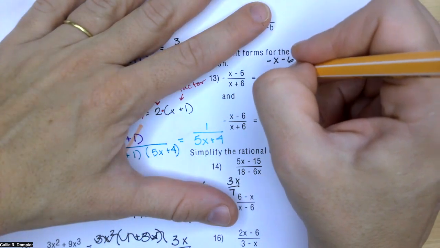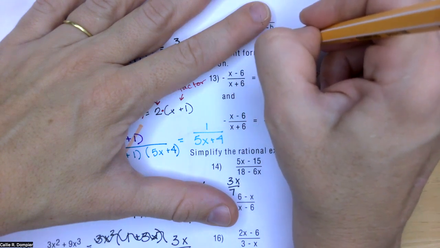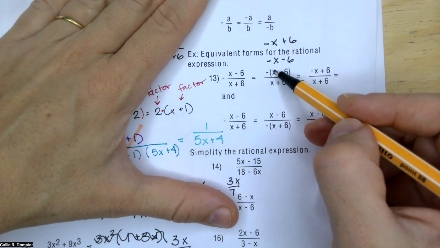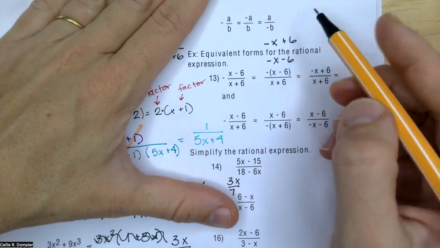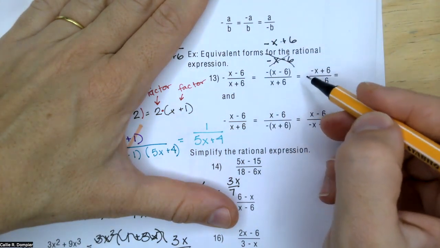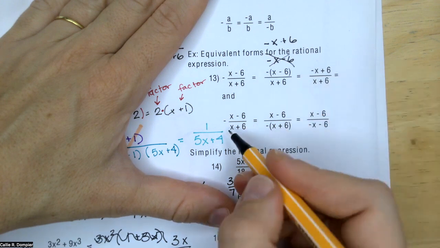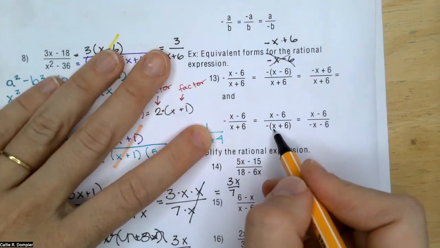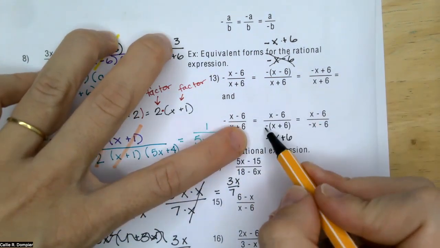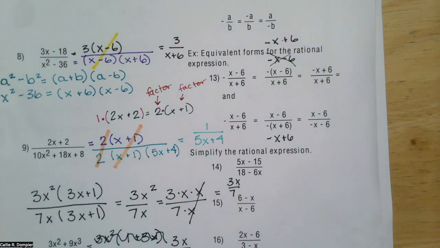Negative x minus 6 means that x becomes negative and the 6 becomes positive because we carried the negative sign. Negative x, positive 6. So it's not that, it is that. That's why you have to put the parentheses. Or you can put it down on the bottom, negative x plus 6. It's not just going to be negative x plus 6. It's going to be negative x minus 6 because we're distributing that negative sign. Very important, okay?